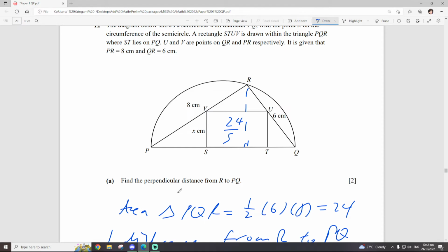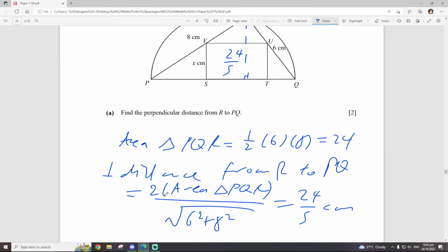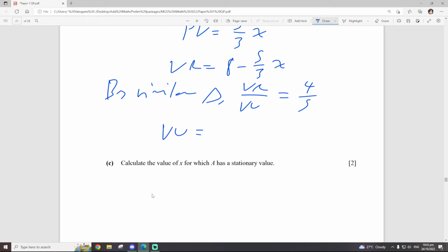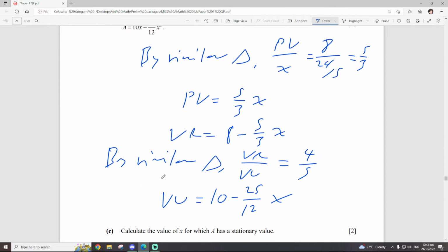So that is by similar triangles, VR divided by VU equals to 4 over 5. So therefore VU will be 10 minus 25 over 12x. And then the area will be, just multiply this by x.